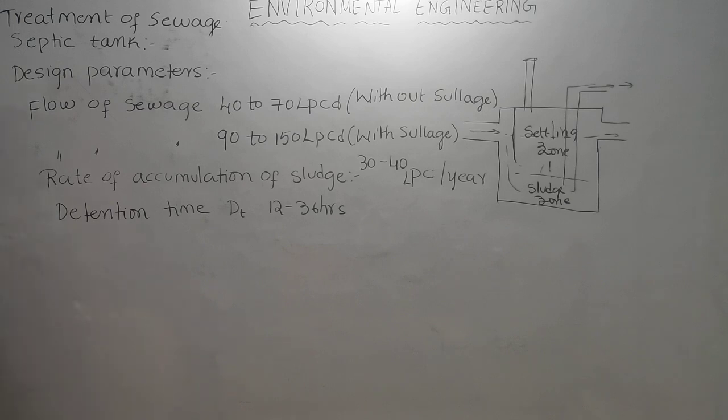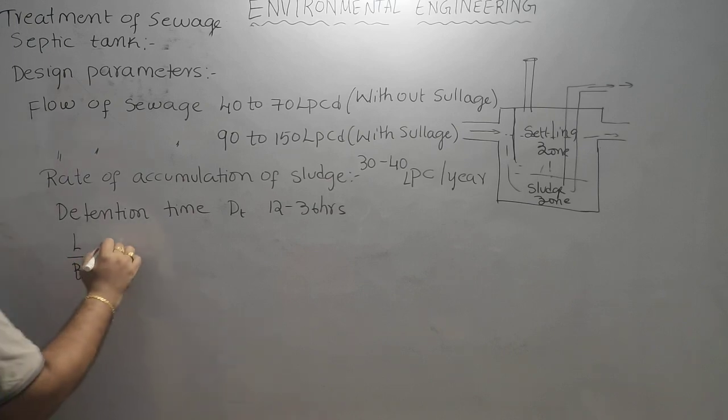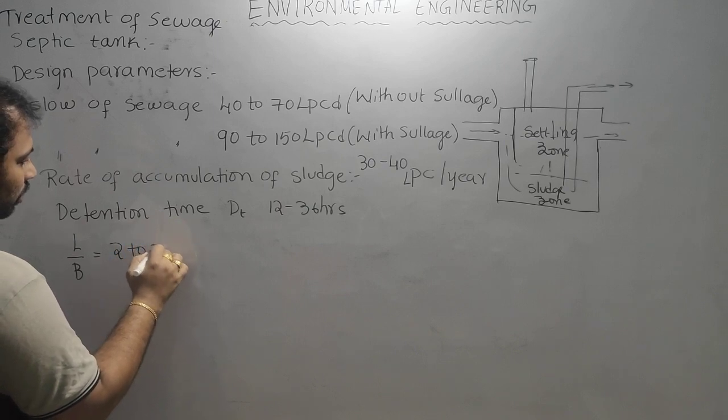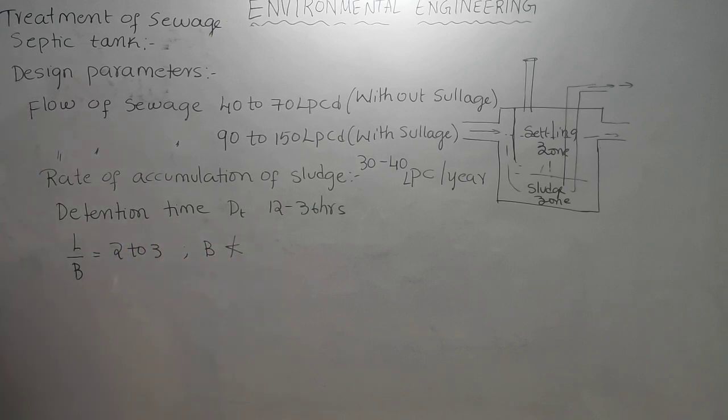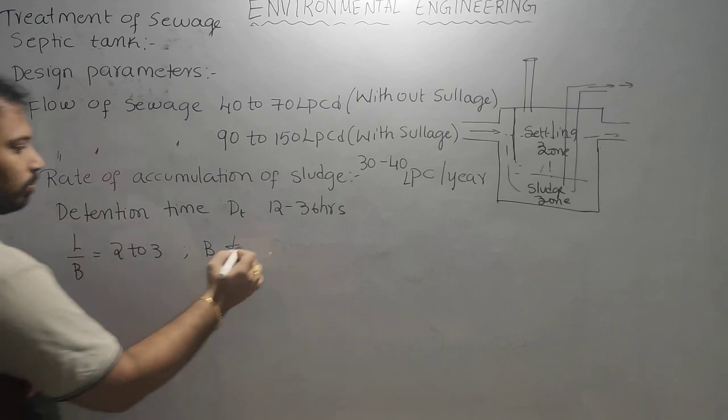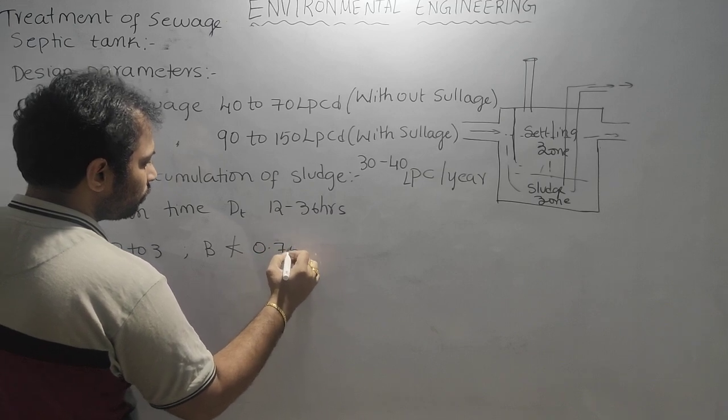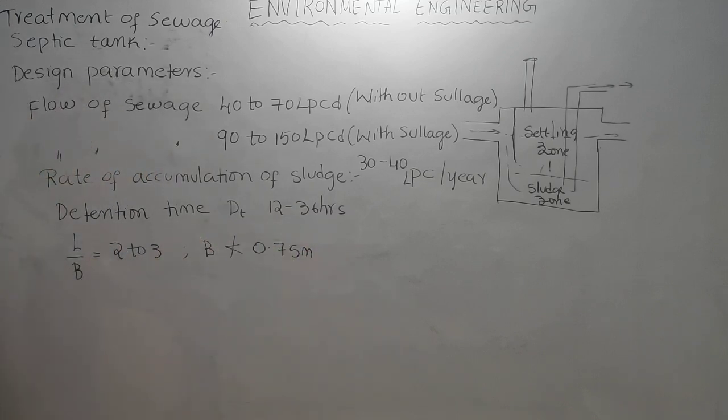The length to width ratio is approximately 2 to 3, and the width should not be less than 0.75 meter.